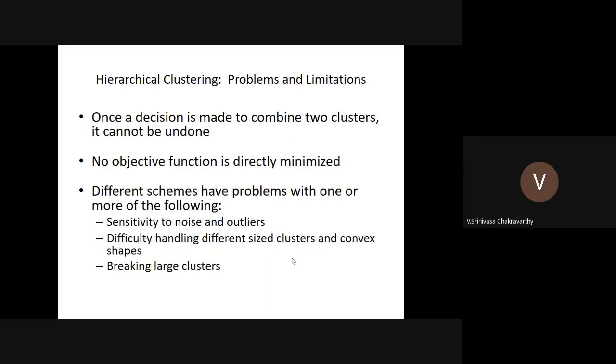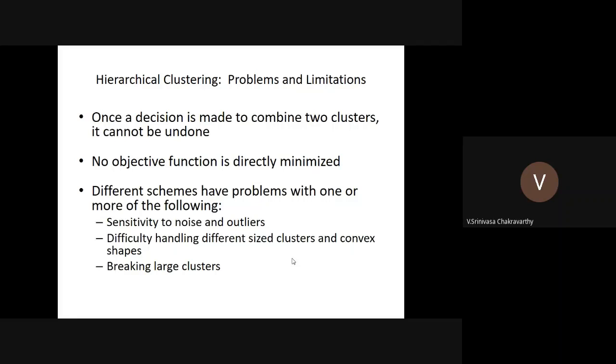So there are some problems with this. Once you merge two clusters, you cannot unmerge them or undo that step, and no objective function is directly minimized. Even in the case of Ward's method, you are using an objective function with SSE to define a distance. The whole tree is not derived directly by minimizing some objective function.